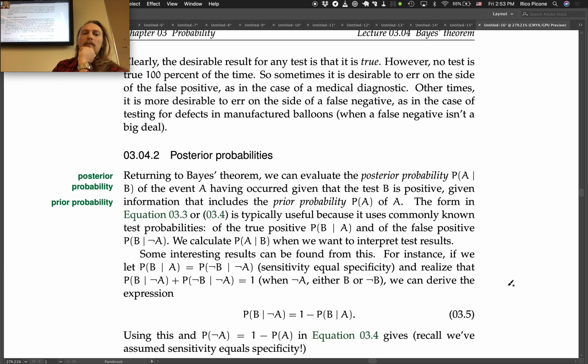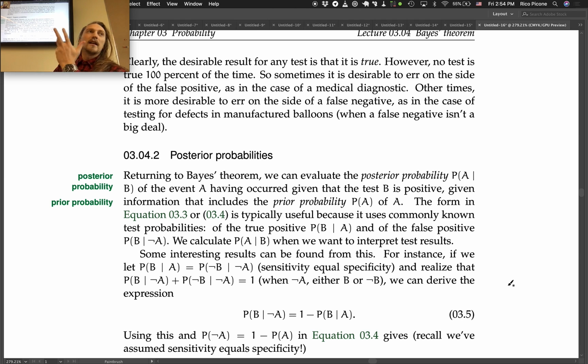The form in equation 3.3 or 3.4 is typically useful because it uses commonly known test probabilities of the true positive, probability of B given that A, and of the false positive, probability of B given that not A. We calculate the probability of A given that B when we want to interpret test results.